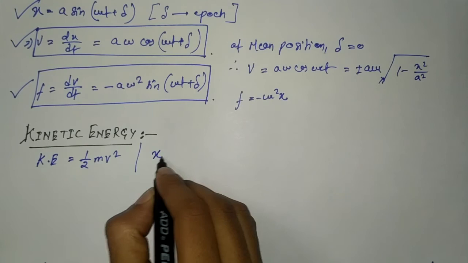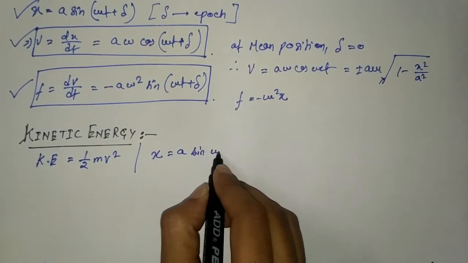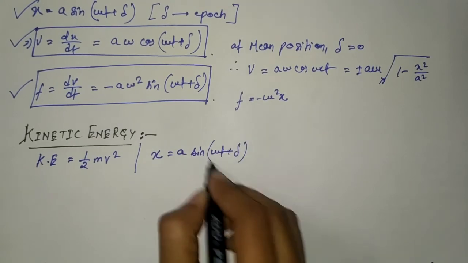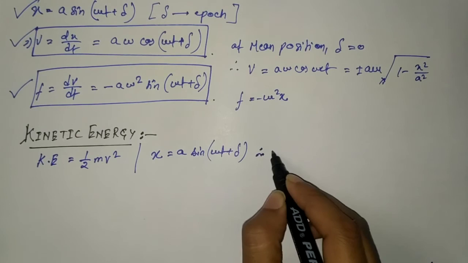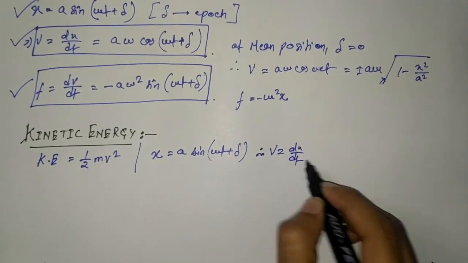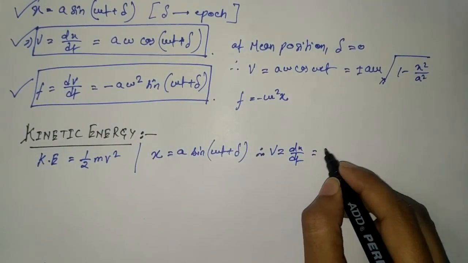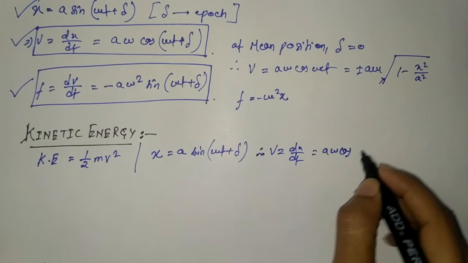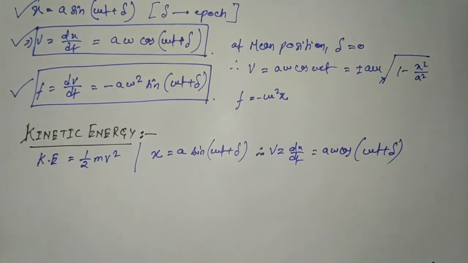And we also know that x here is equal to a sine omega t plus delta. Therefore, v will be equal to dx by dt. We have the equation here, so we directly put it as a omega cos omega t plus delta.